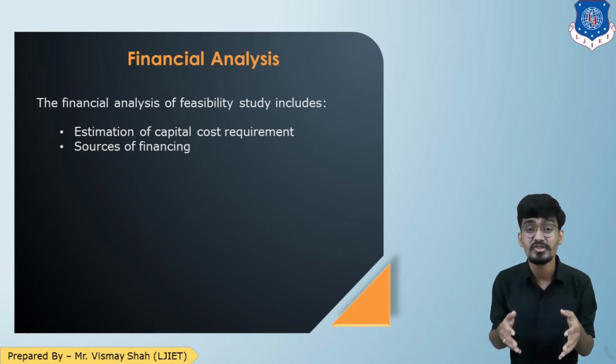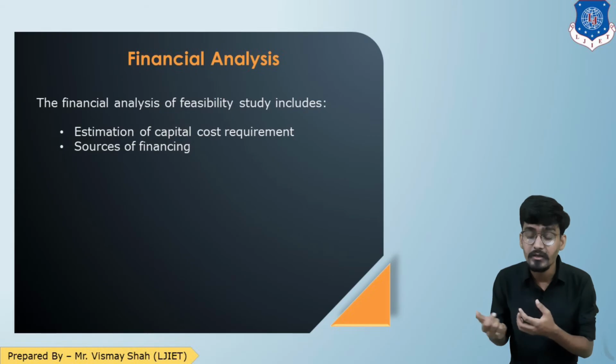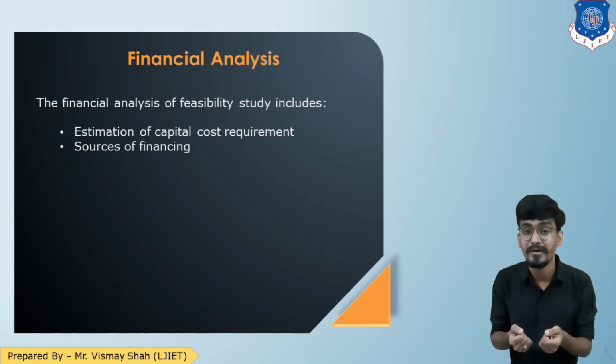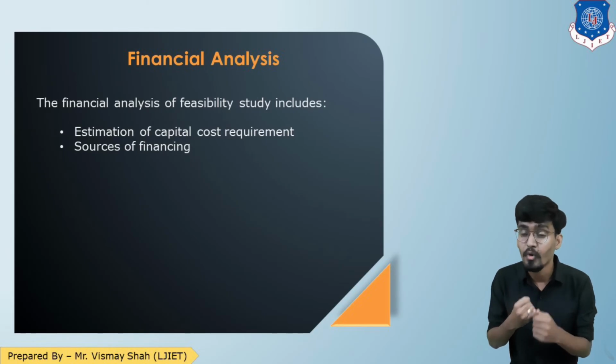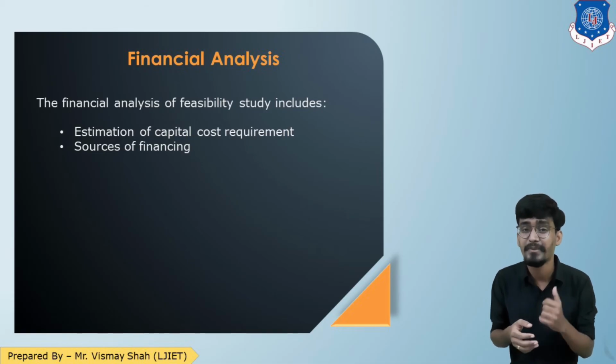And the second is source of finance. All the payments are going to be made once you work, but to get the work done, you have to put in some amount of money. So for the source of funding, are you going to take a loan, are you going to get something on mortgage, or are you going to put in the money by yourself? These are the sources of funding that are evaluated in the financial analysis.